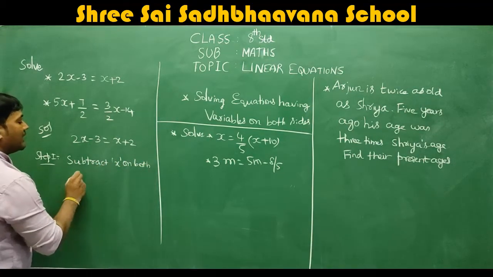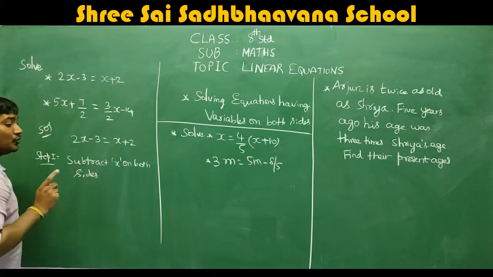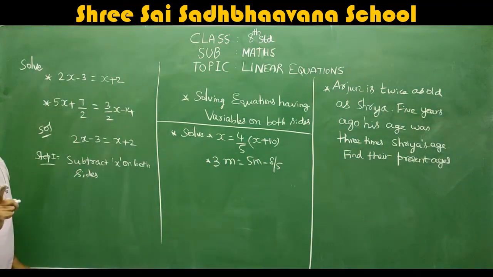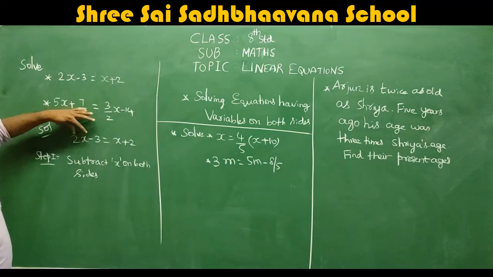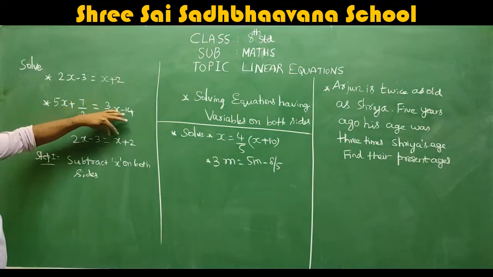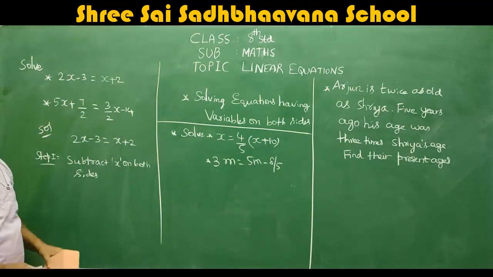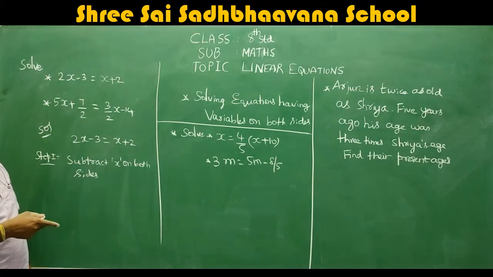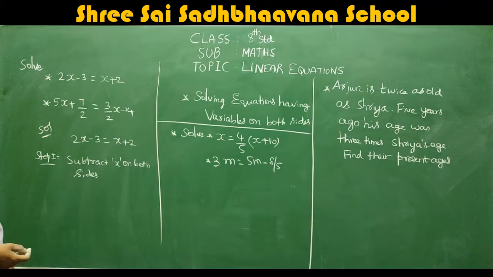When I subtract x on both the sides, two things will happen. This 2x will get reduced to x and this x is eliminated. So we will convert this to an equation with the variable on one side.